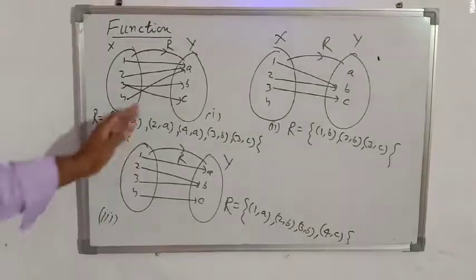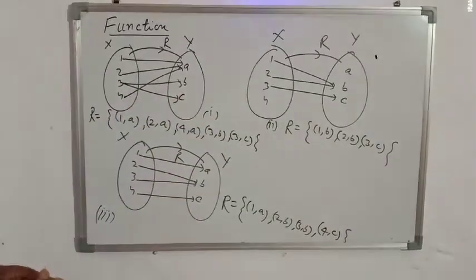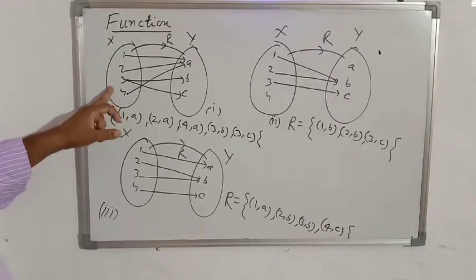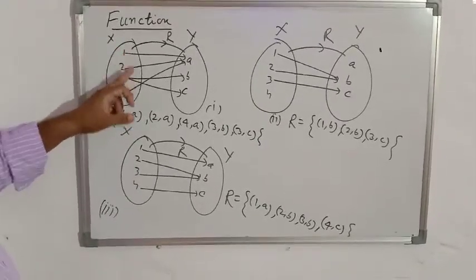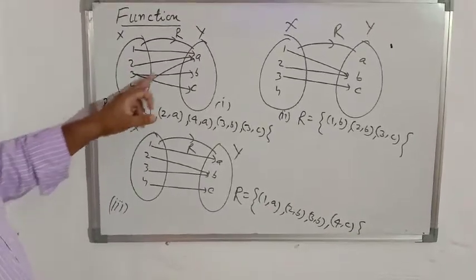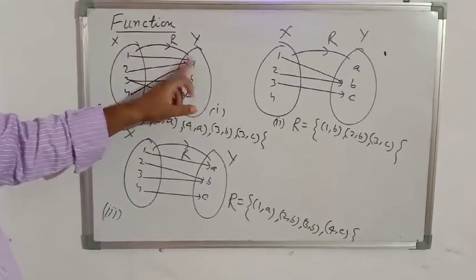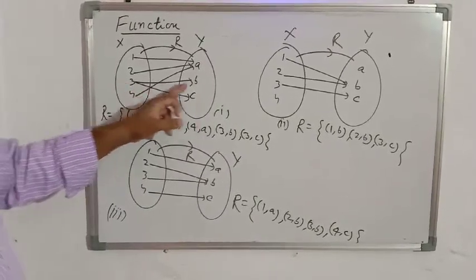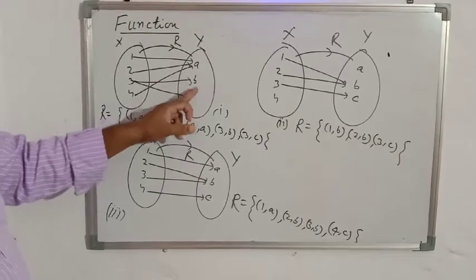Now we have to observe these 3 cases. In the first case, we see that 1, 2 and 4, these 3 elements are related to one element a, and one element 3 is related to 2 elements b and c.